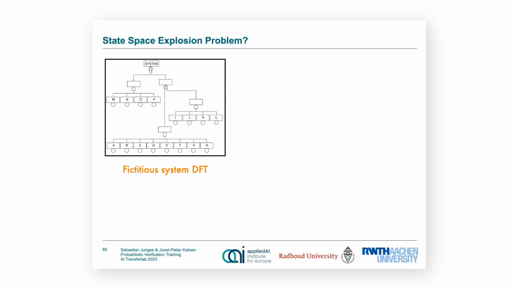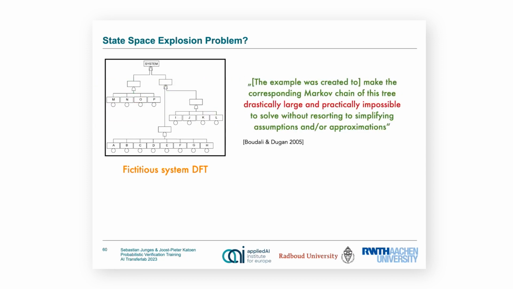So Dugan developed a kind of fictitious DFT system. In particular, the number of leaves is not substantial, but moderate. They introduced this because the corresponding Markov chain of this tree will be drastically large and practically impossible to solve without making any simplifying assumptions.